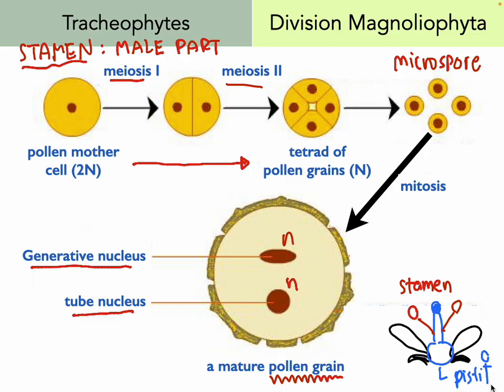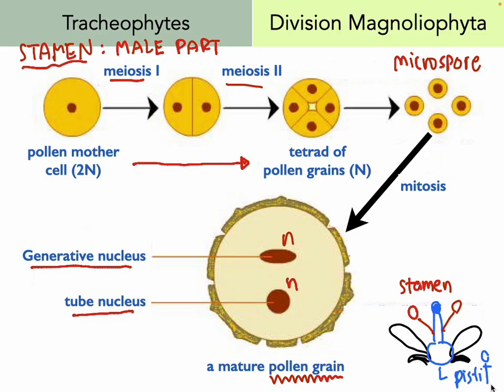So flowering plant, they come from one cell of pollen mother cell, go to meiosis, get 4 microspore. Each one microspore go to mitosis and give 2 cells, tube nucleus and germinative nucleus. And this is pollen grain, 2 cells.